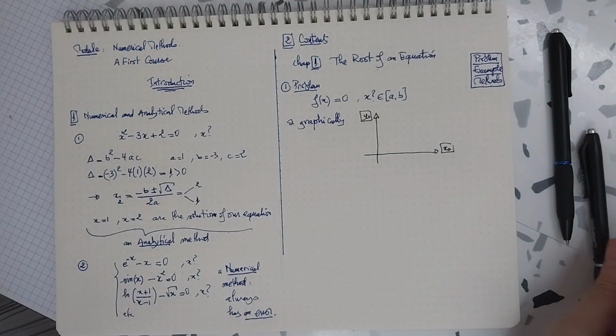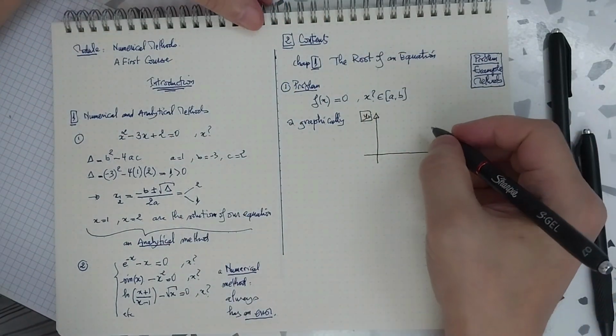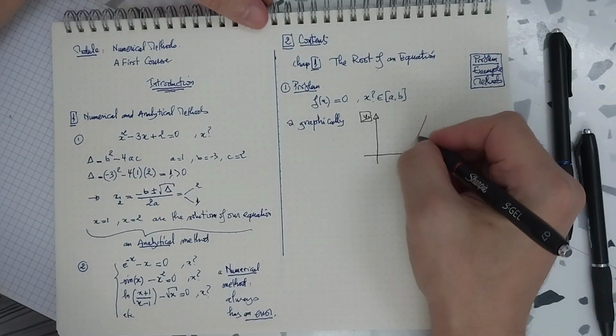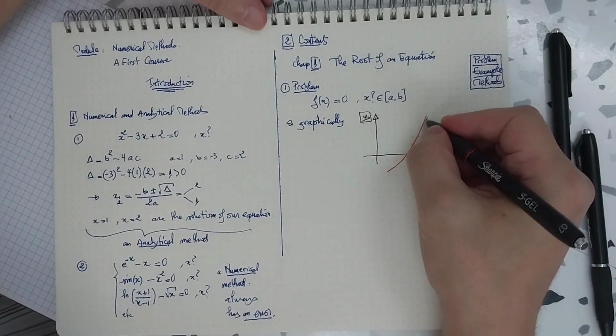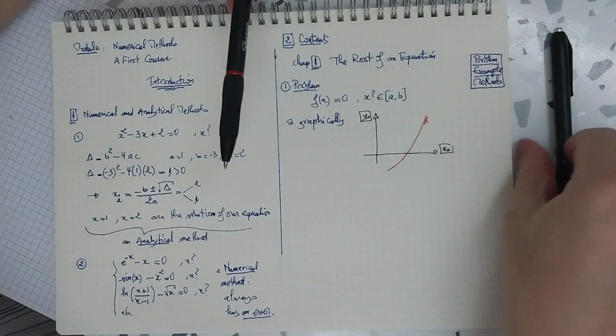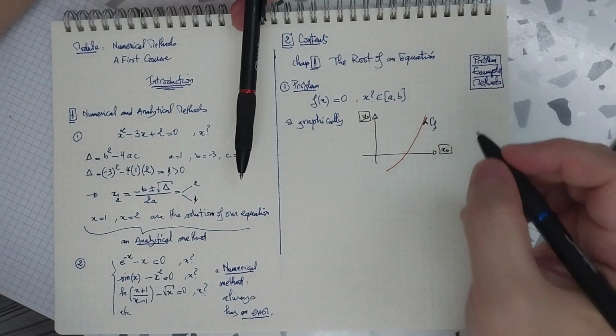And we have the curve of f crossing the x-axis. This is the curve of f.